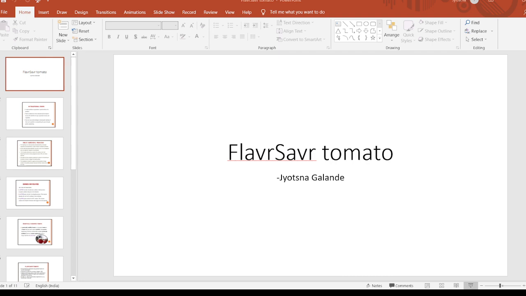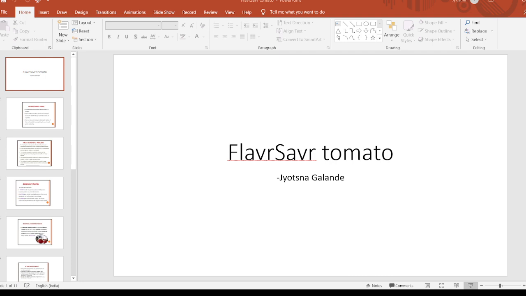So how does fruit ripening take place? First we will see how ripening takes place in fruits. You know some background: there is ethylene, a plant hormone that triggers fruit ripening, right? Other than that, the chlorophyll starts to degrade.